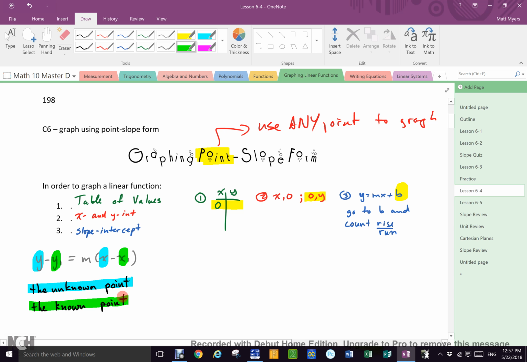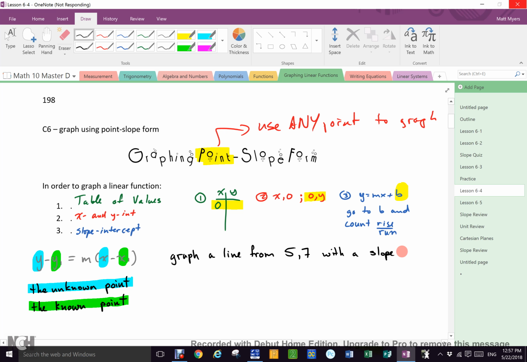All right? So, if I were to tell you, graph a line from 5, 7 with a slope of 1 over 2. Could you do it?